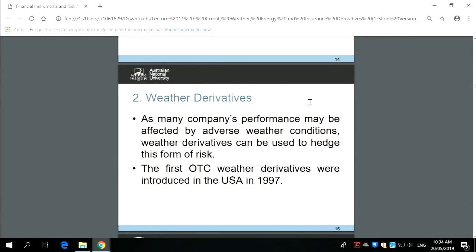Okay, so let's have a look at another type of derivative, which is weather derivative. Normally when people think about weather derivatives, they think about the cost of electricity, right? If you're in the electricity business, you know that there is one type of company called retailer company, and another type of company called generator company.